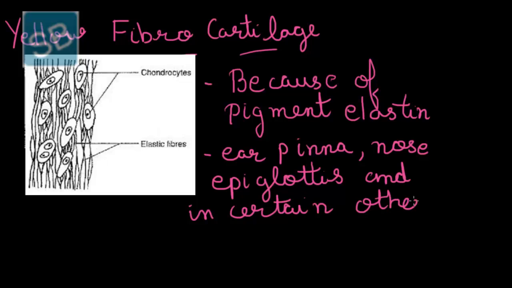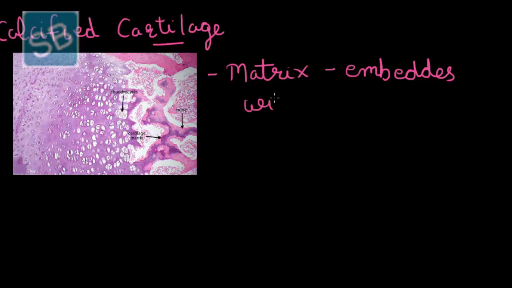Now we will study the last type of cartilage tissue, that is calcified cartilage. This figure represents the image of a calcified cartilage. This type of cartilage is almost similar to the hyaline one, except the cartilage matrix present here is embedded within salts. Thereby, it increases the porosity of the bones.